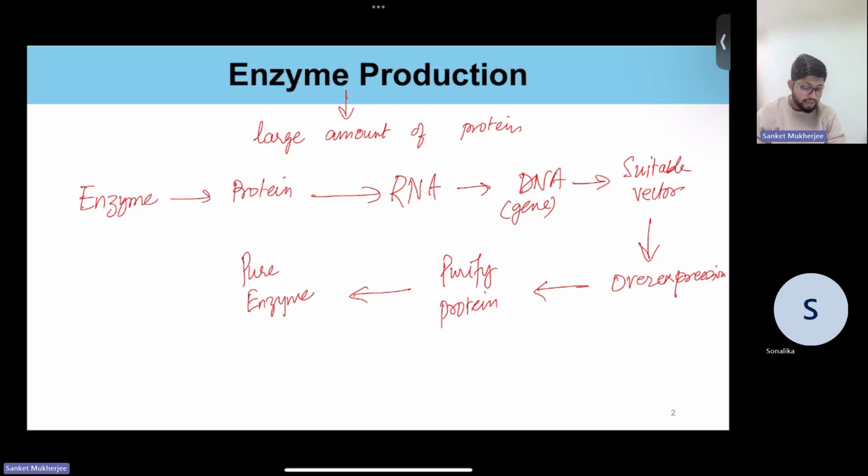This pure enzyme can be used for its structure determination, where we can get the structure of, let's say, mutants of this enzyme or the wild type, or we can use it for catalysis, for the enzyme to work, or we can go for some industrial application.